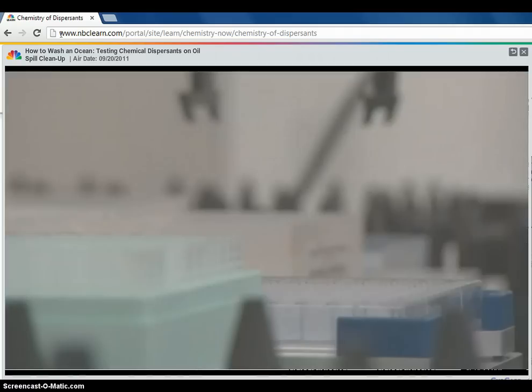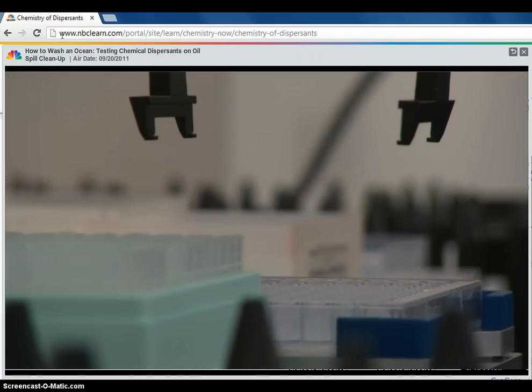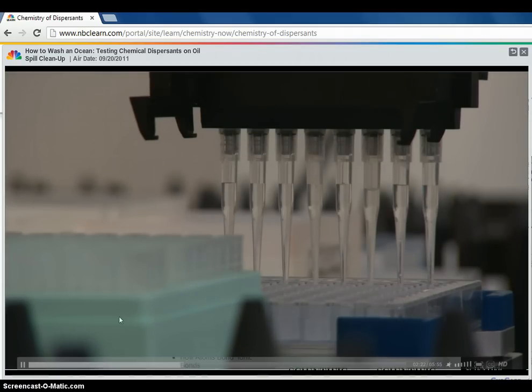So at this website, this is a very interesting bit of chemistry. It's called Chemistry Now, and it's a bit of interesting chemistry that's in the news, and it has a very good description of emulsifiers and detergents and how detergents were used in the cleanup efforts.